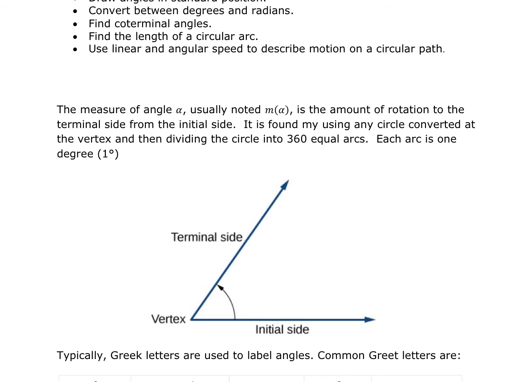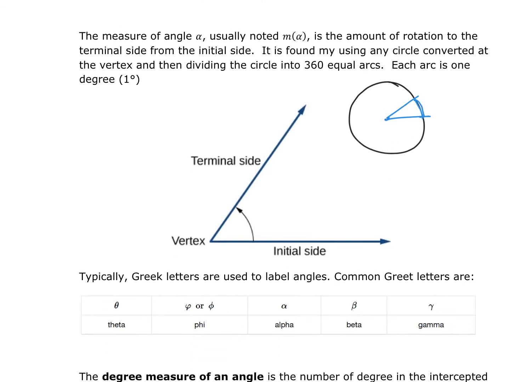So when we're talking about an arc of a circle, here's my circle and here's my center, and I'm going to cut it so that each one of these arcs, a piece of the circumference, is equal to 1 degree, because we're going to divide our circle into 360 equal arcs. Now, obviously, this is not drawn to scale. This is not going to give me 360 equal arcs. So that's where the degree, 1 degree, comes from.